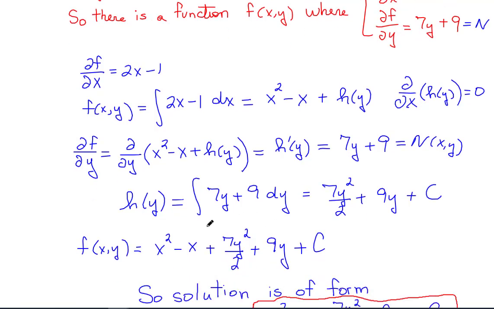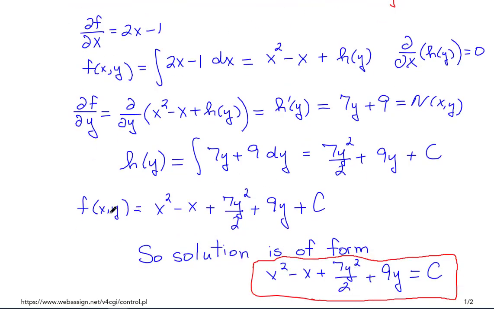So putting all this together, f of x and y. Remember, here was my first crack at it, x squared plus x plus h of y. But now I know what h of y is, and so I get f of x and y is this with my h of y plus c. But that's not the end of the story.